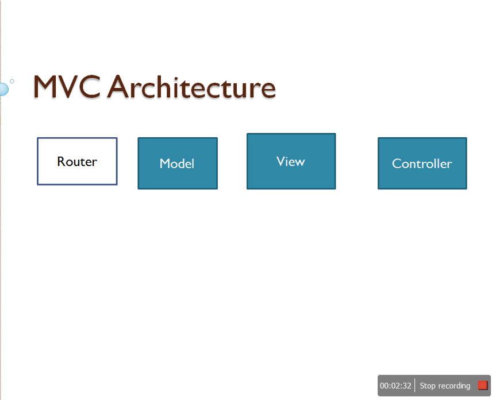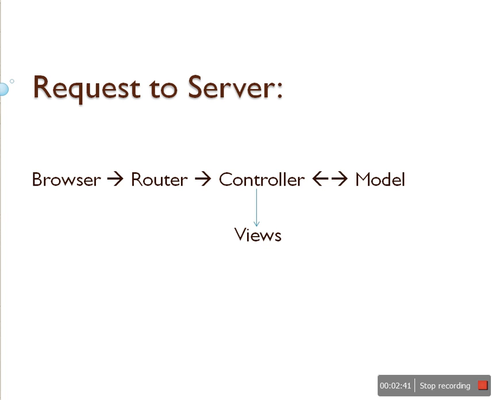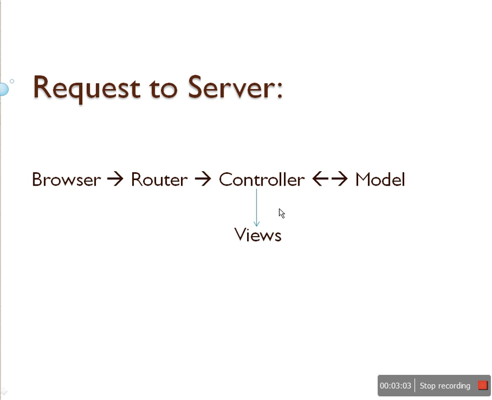Now let's talk about the controller. In MVC architecture, whenever you send a request, the browser sends it to the controller. The controller interacts with our models and passes the result to the views. The views are returned to our browser; the view is in HTML format, which is sent to the browser so we can see the result.